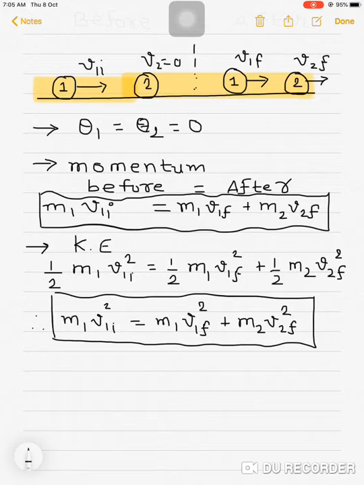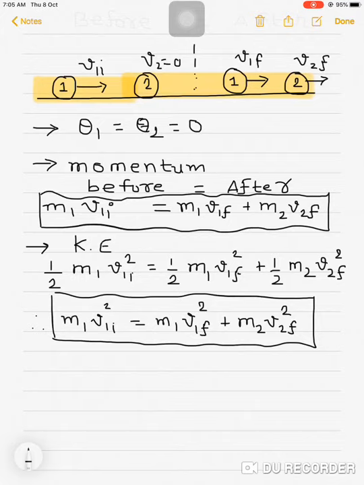First, we take the similar terms to one side and then simplify the other terms as required. We know that we have kinetic energy conservation before and after collision.